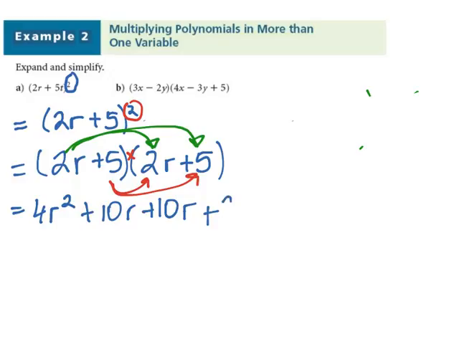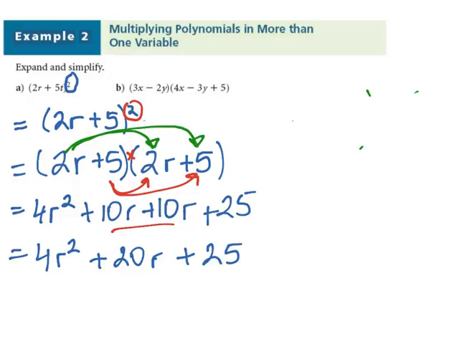We add 25 to it. So we've done expansion. Now we are going to collect like terms. We don't have to rewrite this expression because the 10r's are next to each other. So we have 4r squared plus 20r, 10 plus 10 is 20, and copy down the 25. And this is our solution, our answer.